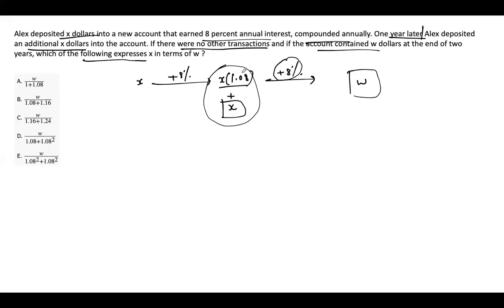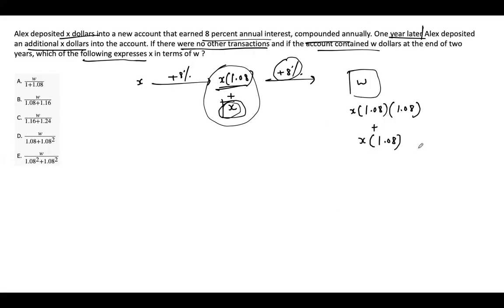So 8% you're increasing this value. So X into 1.08 into 1.08, into 1 plus 8%, which is written as 1.08. And what will happen with this value? X into 1.08.